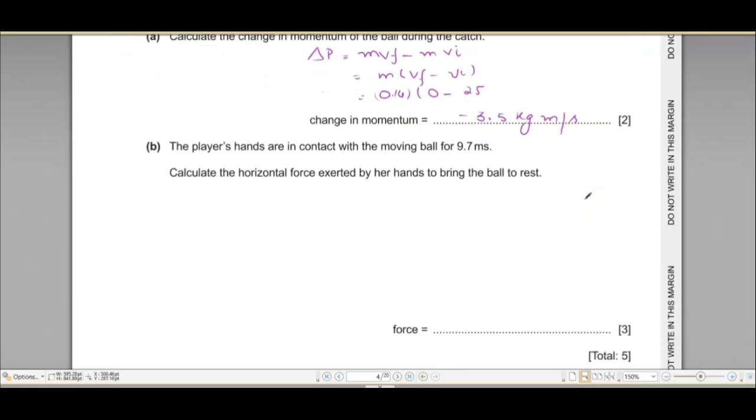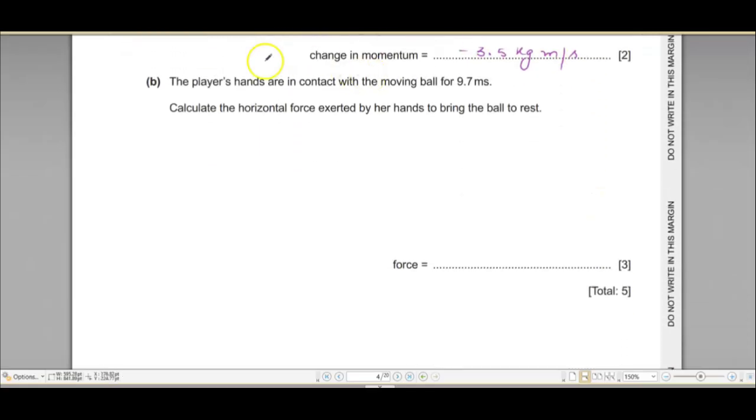Okay. So moving on to part B, the player's hands are in contact with the moving ball for 9.7 milliseconds. Calculate the horizontal force exerted by her hands to bring the ball to rest. So when we are talking about momentum, we know that force can also be expressed as change of momentum over time.